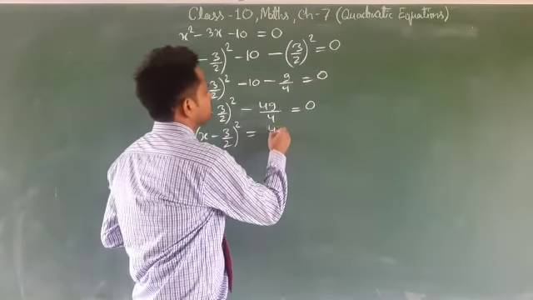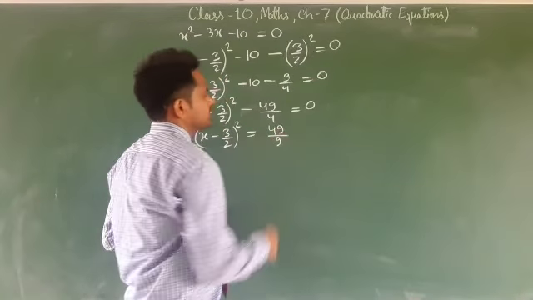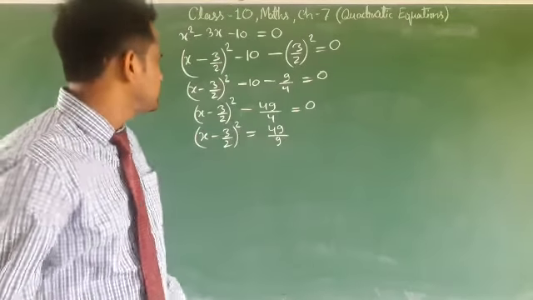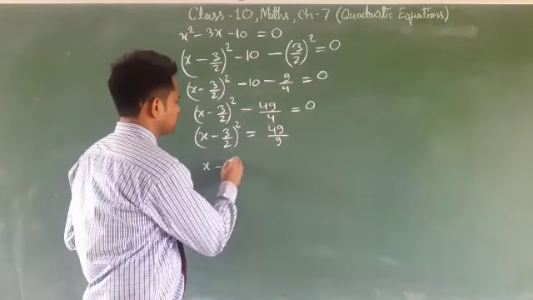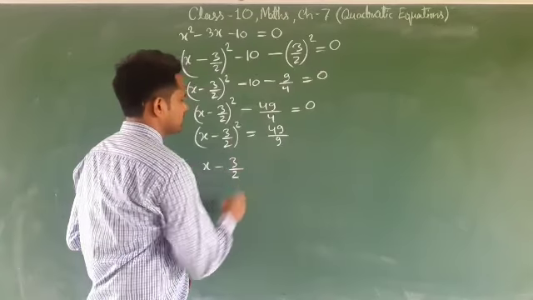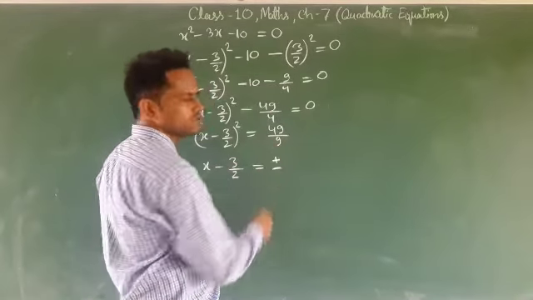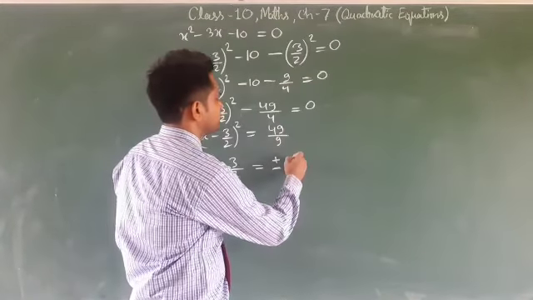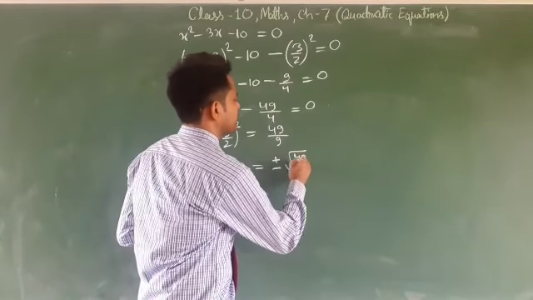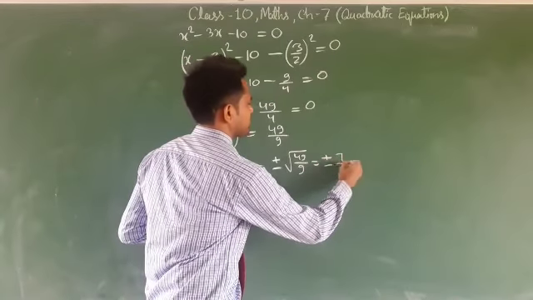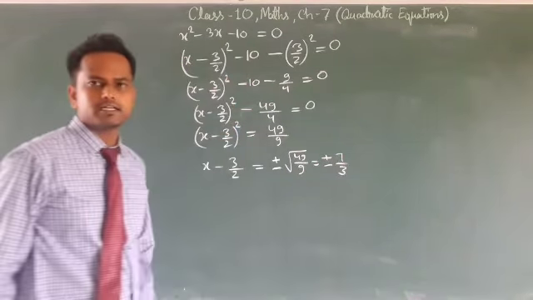Taking square root on both sides, you will get x minus 3 by 2 is equal to plus minus square root of 49 by 4.